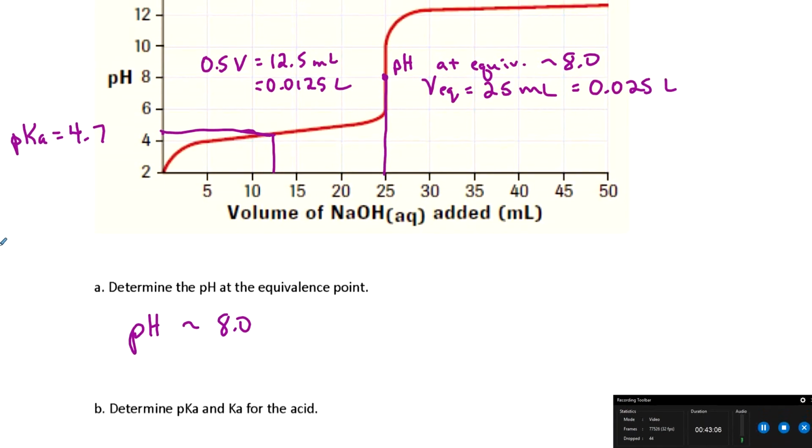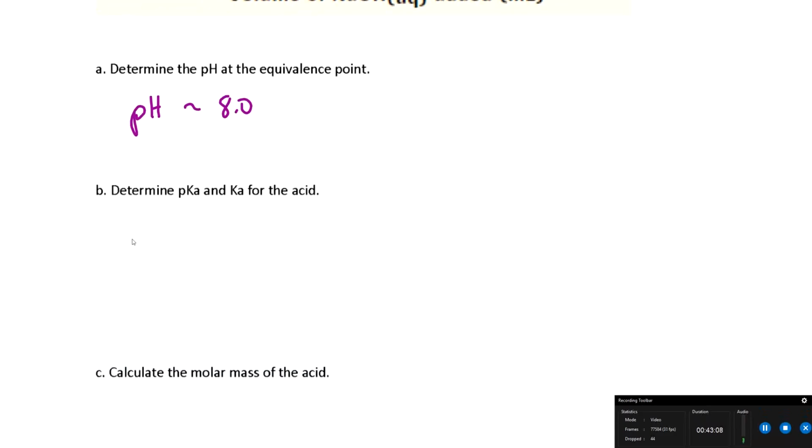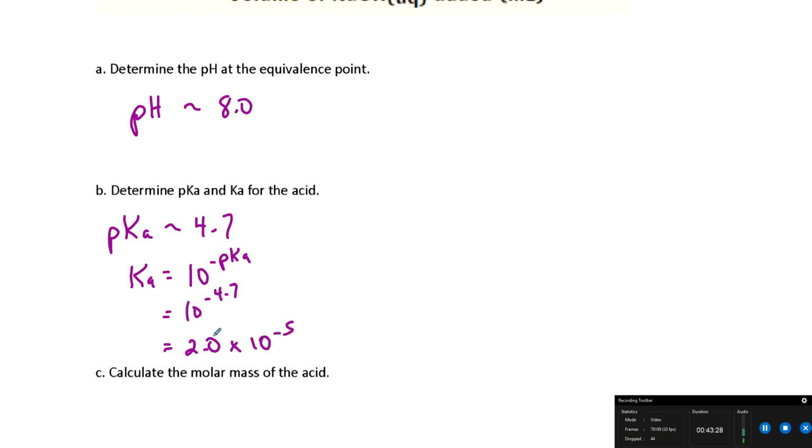The pKa, we just said, is around 4.7. Therefore, the Ka is going to be 10 to the power of the negative pKa. So 10 to the power of negative 4.7, which is 2 times 10 to the negative 5.